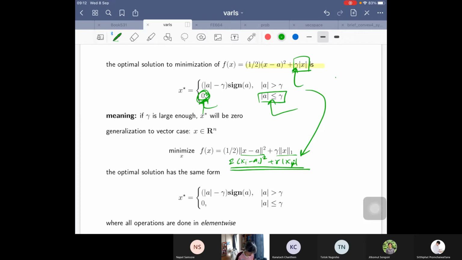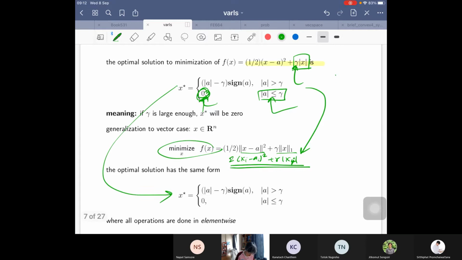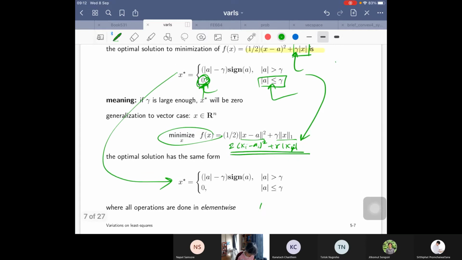So the optimal solution of this problem can be extended to the vector case as follows. Whenever the vector a has a magnitude of less than gamma, I put the notation in an element-wise fashion.